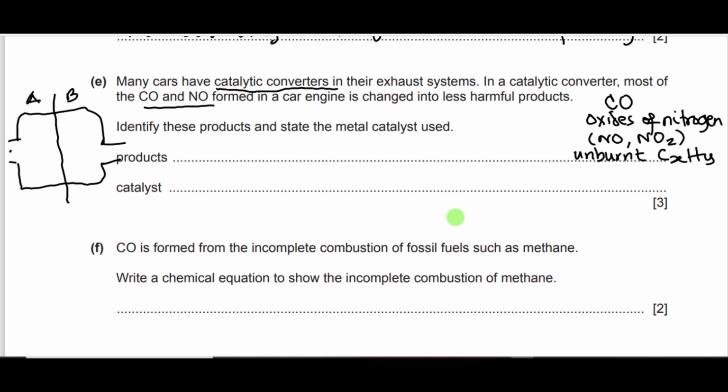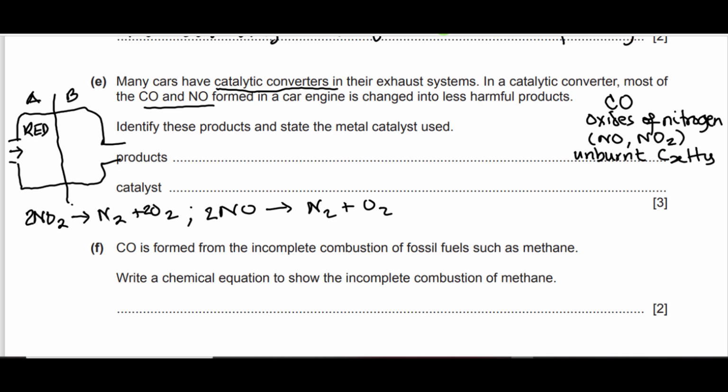Now, those toxic gases coming from the engine get into chamber A. What happens in chamber A? Reduction takes place in chamber A. Reduction of what? The oxides of nitrogen: NO2 is reduced to N2 and O2, and also NO is reduced to N2 and O2.